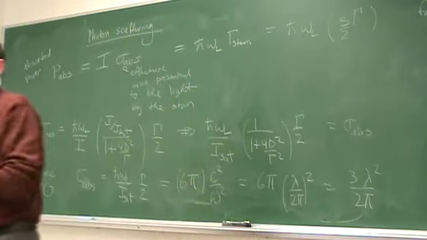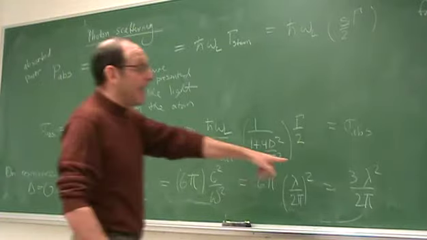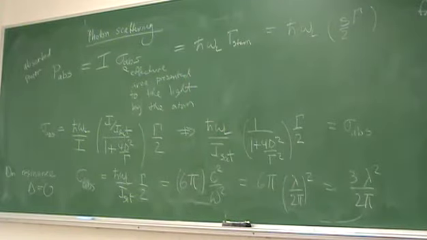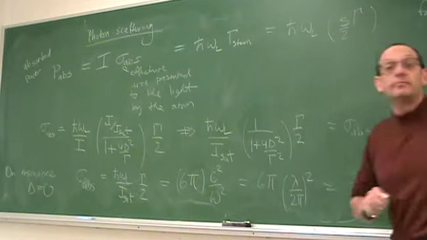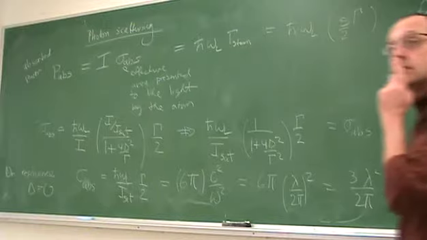It's not equal to the Bohr radius squared, which you might have guessed, which is tiny compared to lambda squared if we're talking about an optical transition. So the atom presents a very large cross-section for absorption. Yeah. So how come the same expression is used for multi-level atoms?